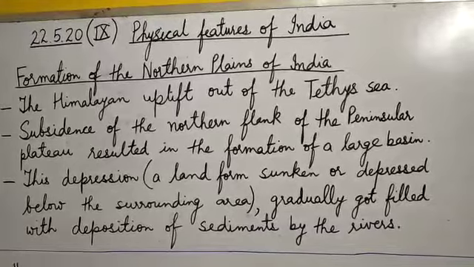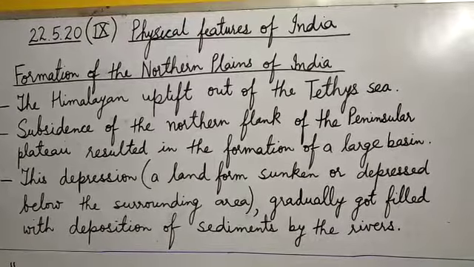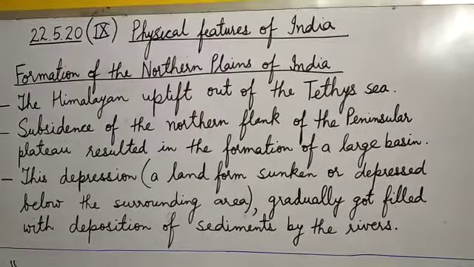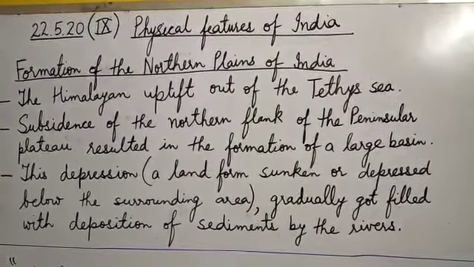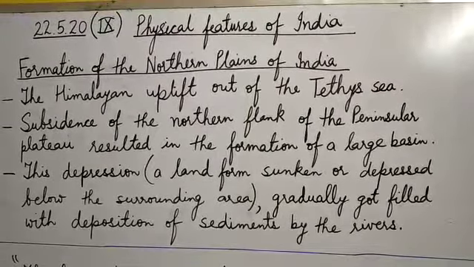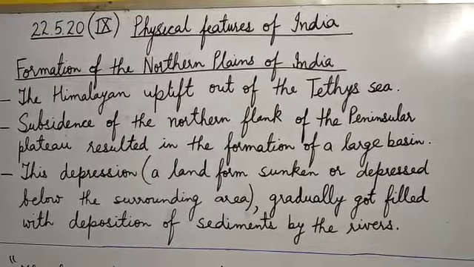The deposition of alluvium from the Himalayas commenced after the final phase of the Shivaliks and has continued till now. These plains rest upon the older tertiary sediments of the Himalayan pediment. So finally, a flat land of extensive alluvial deposits brought down by the rivers led to the formation of the northern plains of India.